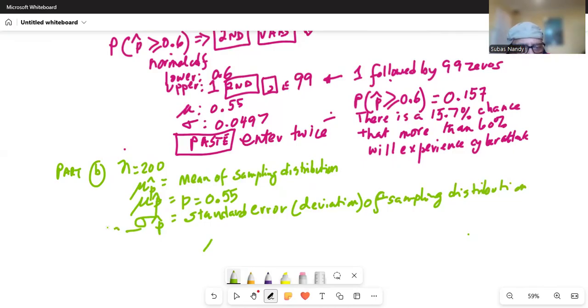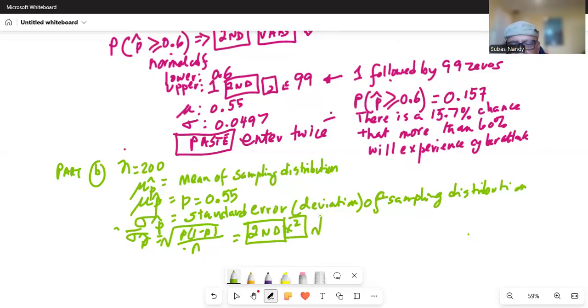And sigma p hat, as you know, the formula is the square root of p times 1 minus p, whole thing divided by n. So in our calculator, I will do as I did before: second button, then the x square button; second and x square gives me the square root.